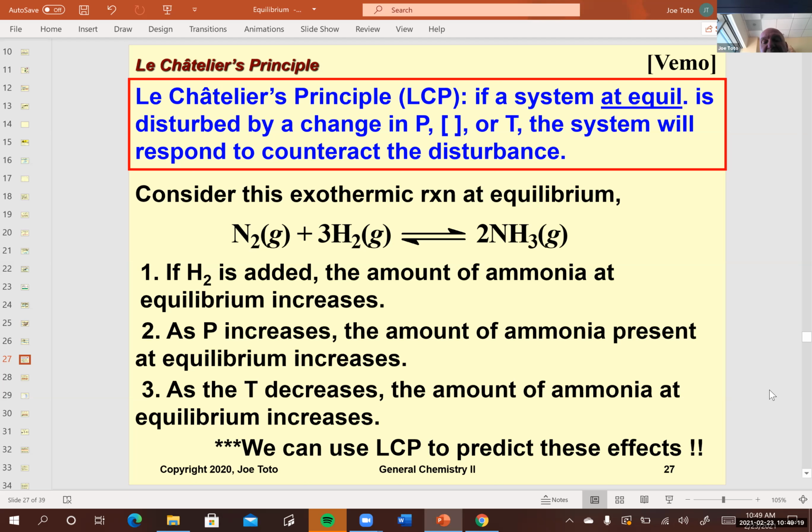So Le Chatelier's principle is really simple. You could read it, and it says something like this. Given a reaction at equilibrium, if someone puts a stress on that equilibrium, and a stress, we're talking about changes the concentrations or changes the pressure or the temperature, then that reaction is going to shift in a way to relieve the stress.